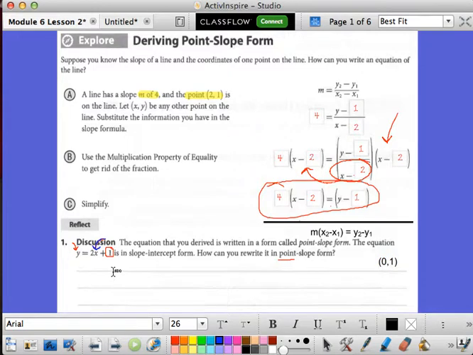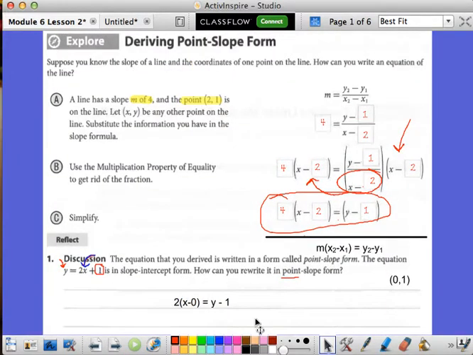We can do all this work and move things around, but what we could also do is just take the form and say, I know that my m is 2, my slope is 2, and I have x minus 0 is equal to y minus 1. So the y moved, so both y's are now on the same side, and both the x's are on the other side.